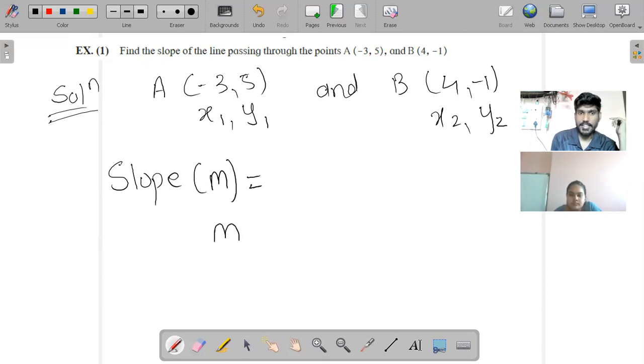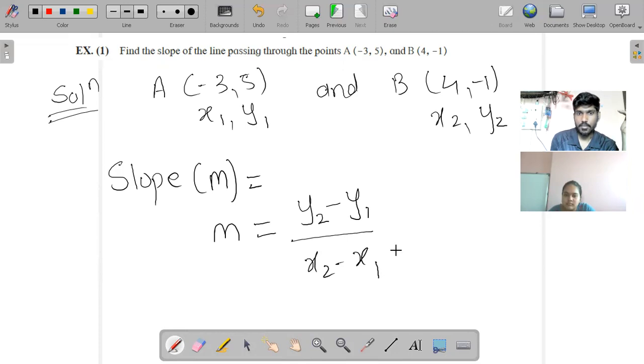So you can directly write M is equal to, now you use the formula: y2 minus y1 upon x2 minus x1. Y is first. How much is y2? Minus 1. Minus 1 minus y1, that is 5, upon x2, that is 4, minus x1, which is minus 3.